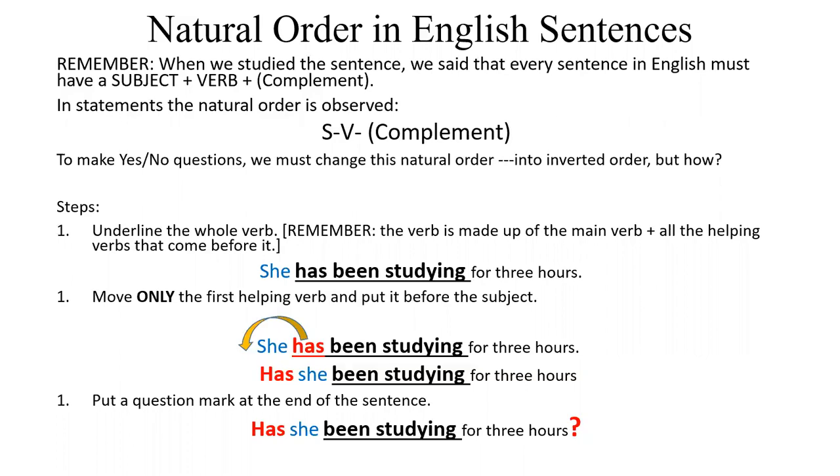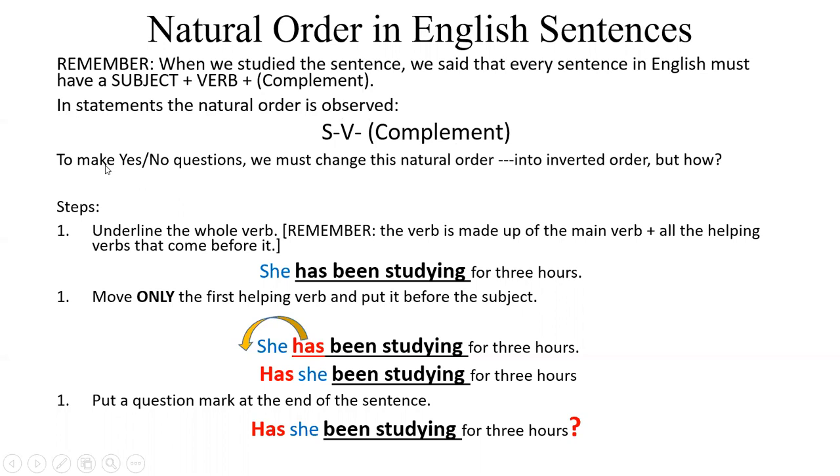But what we're interested in now is the order in which these words appear. So in statements, as it says here, we have the natural order. The natural order is observed or is applied. So we have a subject first, and then a verb, and then whatever the complement is.